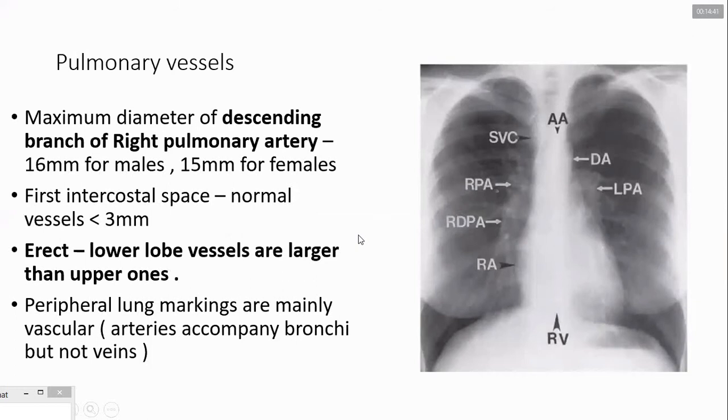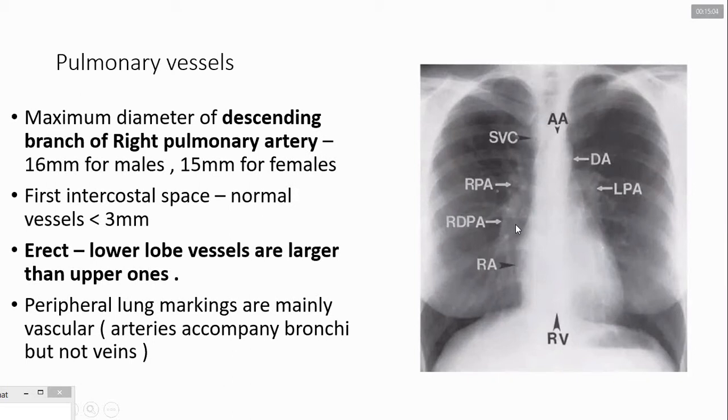Now, pulmonary vessels. Always focus on the structure I am focusing on. There are many things to learn, so you won't get mixed up with multiple things. On pulmonary vessels, we have already discussed that the right pulmonary vessel is inferior to the left pulmonary vessel. So the left hilum is superior to the right hilum.